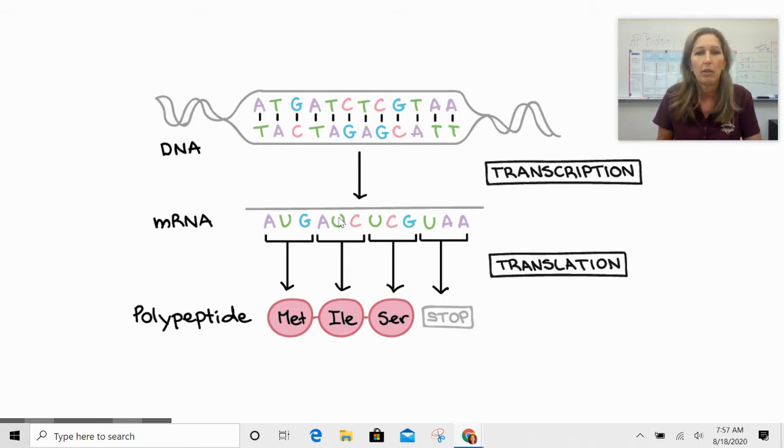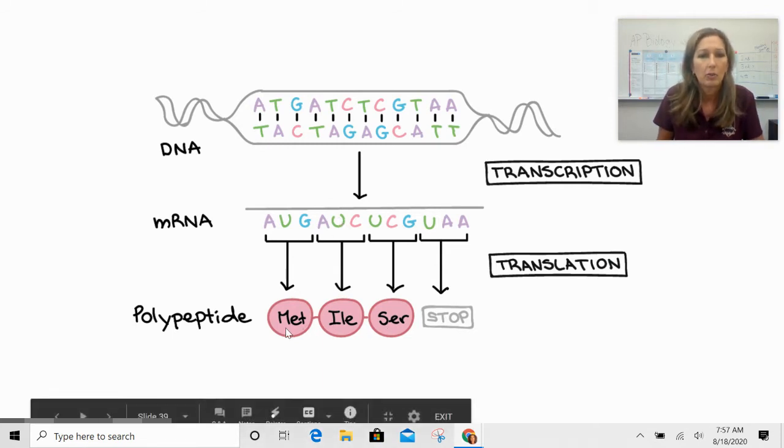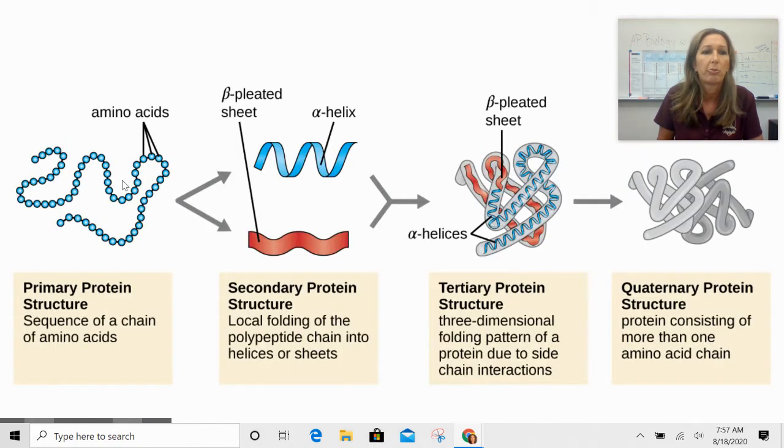So why I'm showing you this, trying to put some relationship to it, is that when we figure out the order of amino acids, this is what is called the primary structure of a protein. The primary structure of a protein is just that sequence of amino acids. So if we were doing any DNA decoding and trying to figure out what the protein is, all we can actually figure out is what that primary structure is.